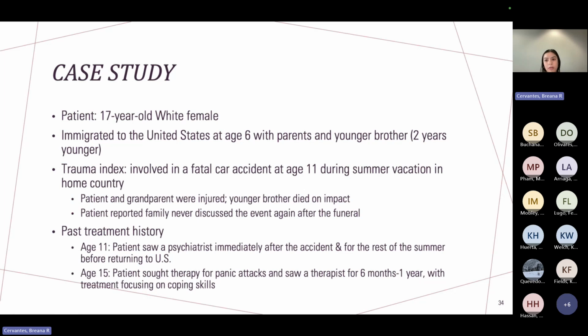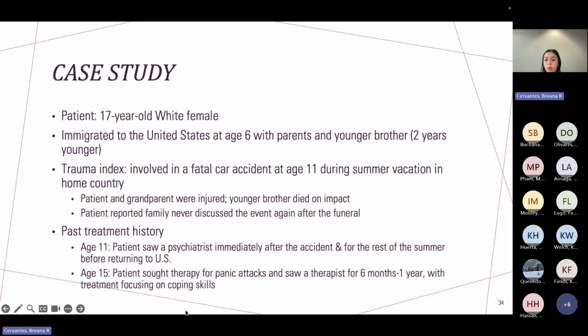She didn't really know what it was about, just that she was really dysregulated and the panic attacks were debilitating. She ended up seeing a therapist for maybe 6 months to a year. It was known to that therapist that she also had a very clear trauma in her life. It's clear that she had PTSD, but also these panic attacks. So he diagnosed her with generalized anxiety disorder and PTSD with panic attacks.